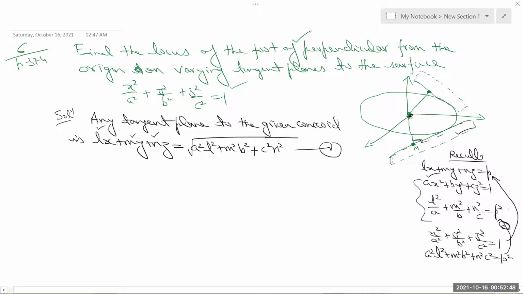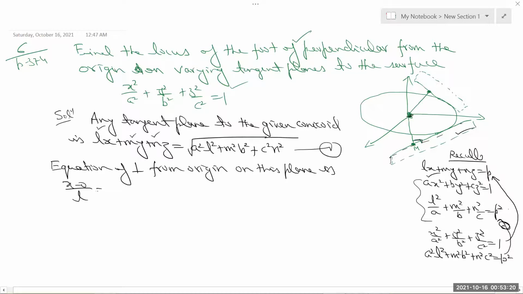So that line and this perpendicular become parallel, which is why their coefficients are proportional, and I can directly use the coefficients L, m, n. So the equation of the perpendicular from the origin on this plane is given by x minus 0 upon L equals y minus 0 upon m equals z minus 0 upon n. Suppose this ratio is equal to lambda.